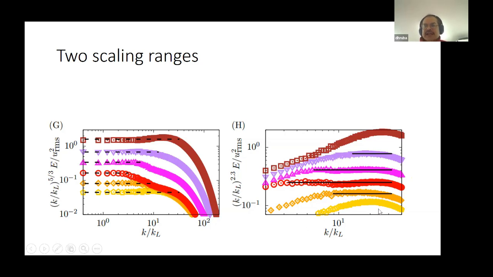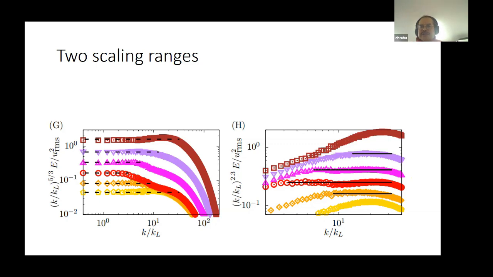It's almost a decade. And then it decreases again. So there is this remarkable behavior now that you have elastic behavior, not elastic turbulence, but elastic behavior at scales which are larger than a certain scale. And at scales which are smaller than that scale, you get the inertial or the Kolmogorov behavior.